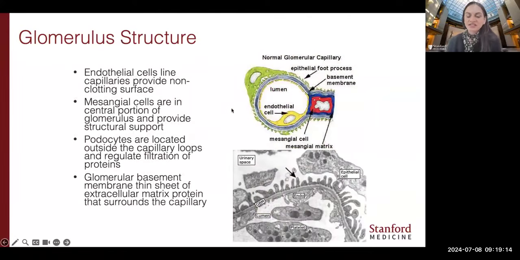There's immunofluorescence, which I didn't show, which stains certain serologic markers. And then there's electron microscopy, which shows the glomerular basement membrane and the foot processes and helps us diagnose a bit more. Endothelial cells, mesangial cells, podocytes, glomerular basement membrane: that's what the pathologists look at.